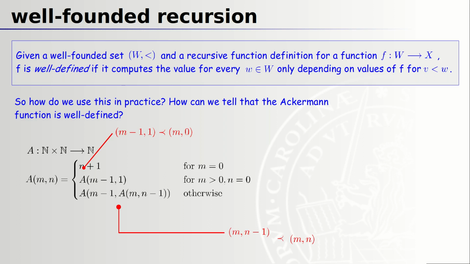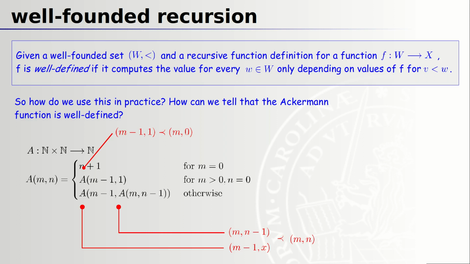The other two recursive calls happen in the catch-all third case for arbitrary pairs of non-zero m and n. The inner call is on m and n minus 1, while the outer call is on m minus 1 and whatever the inner call returns.